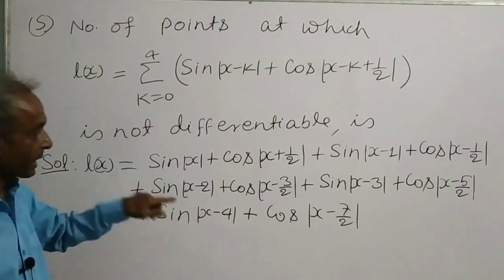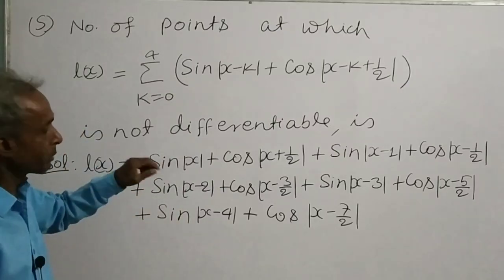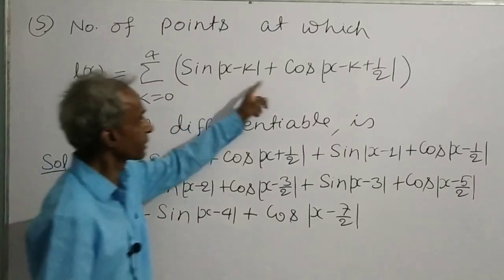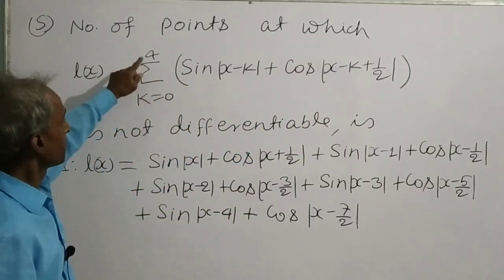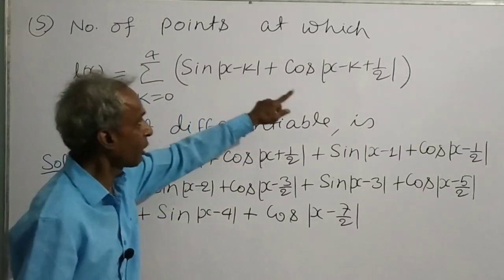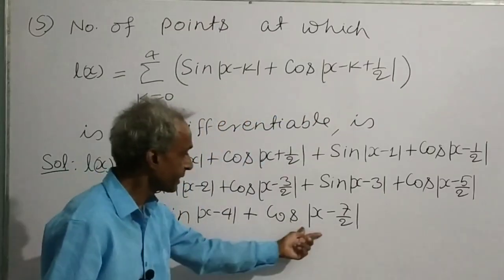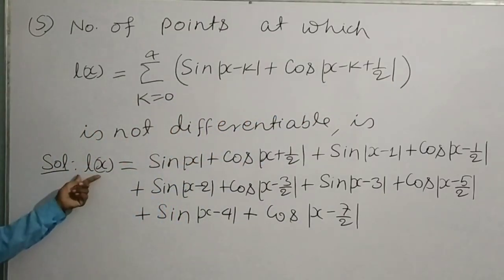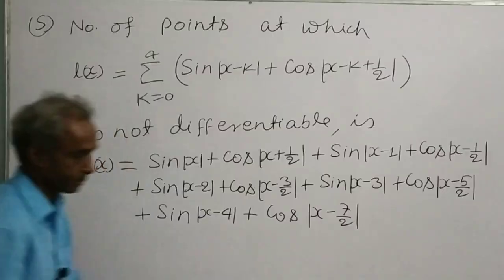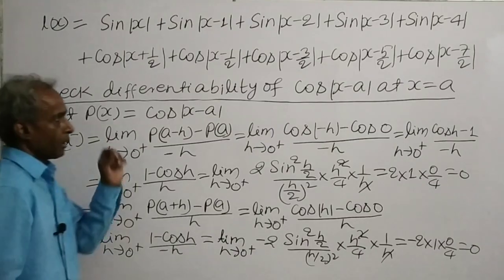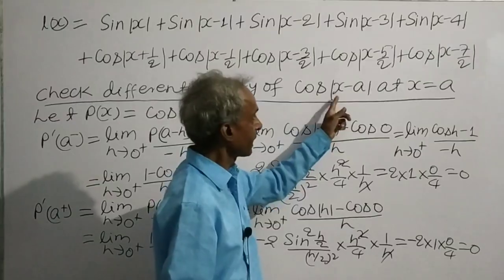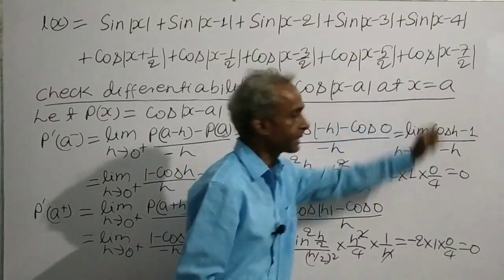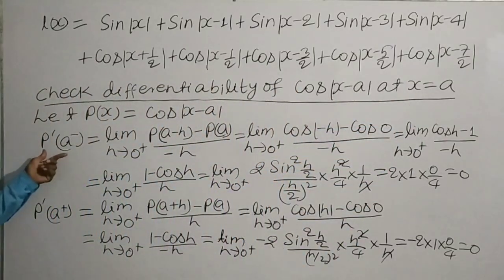Then we write plus sign and now we put 2 in place of k in this way. Finally, we put 4 in place of k and write this. That means Lx is equal to this. We check differentiability of cos mod x minus a at x is equal to a.